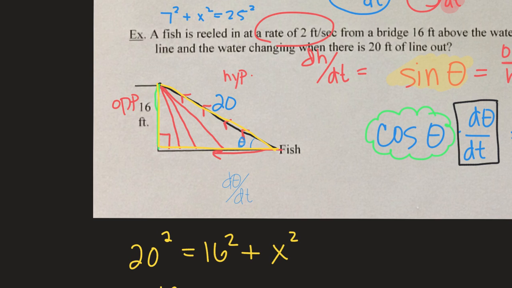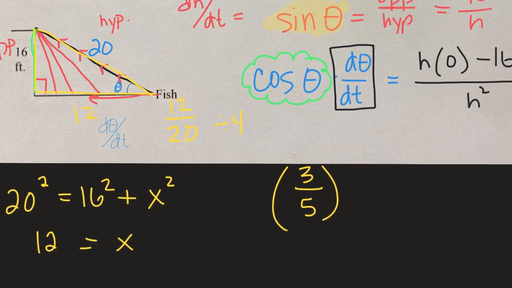12, 16, 20. Okay, so if my adjacent side is 12, cosine is adjacent over hypotenuse. Finally did it right. 12 over 20 reduces to 3 over 5. They can both be divided by 4. So cosine is 3/5.